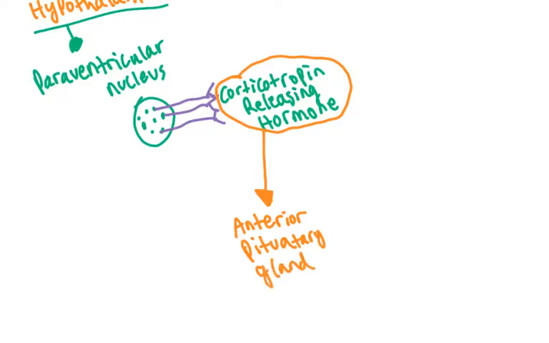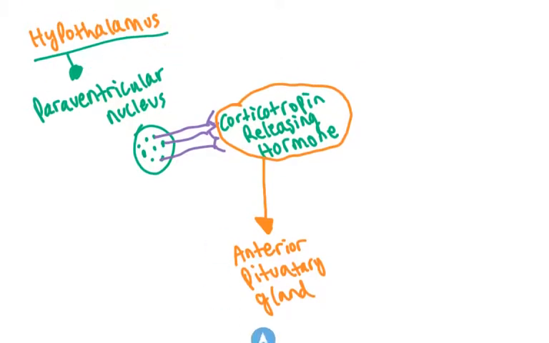It travels through what's called the hypophyseal portal system, a blood portal system that connects the hypothalamus to the anterior pituitary. So the corticotropin releasing hormone travels through the hypophyseal portal system, hopefully I spelled that right. I'm just going to write it here.